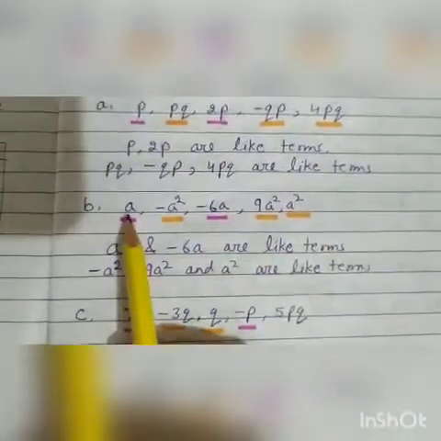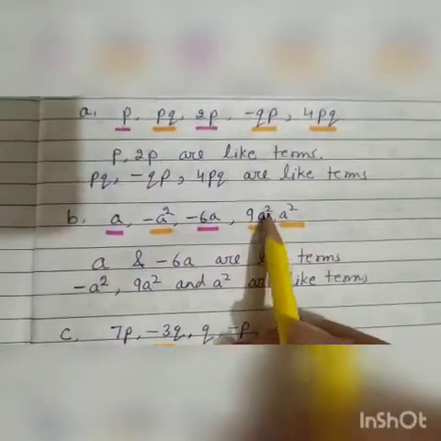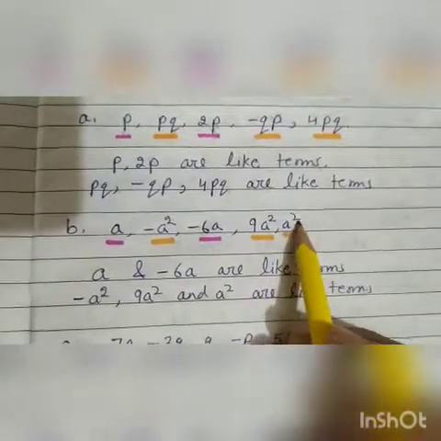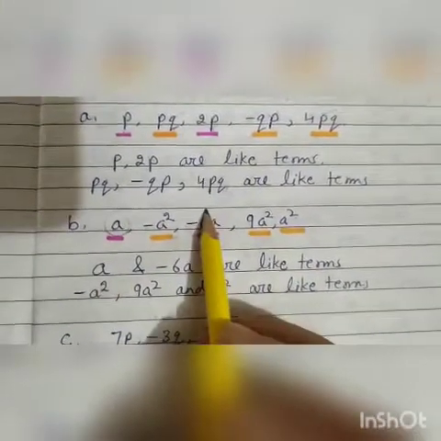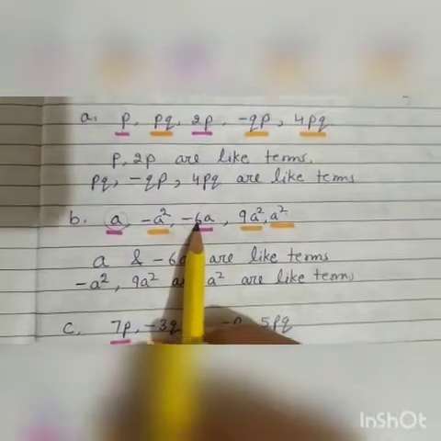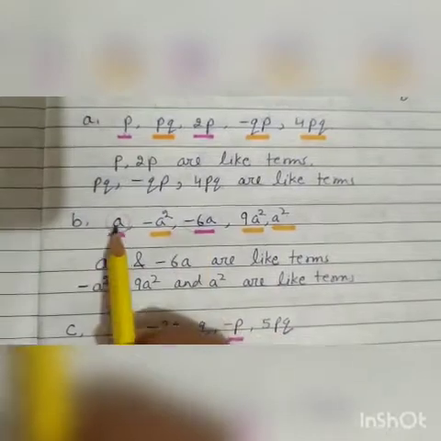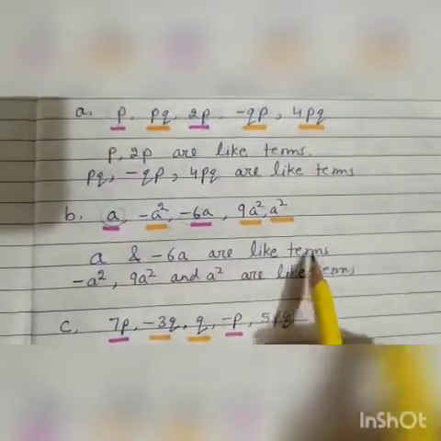Next part B. A, minus A square, minus 6A, 9A square, then again A square. See here, this is A and this is minus 6A. I told you numerical value doesn't matter in like terms. We have to see only literal factor. This is A and this is also A. So A and minus 6A are like terms.